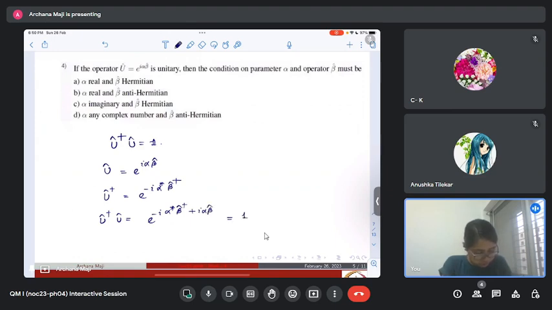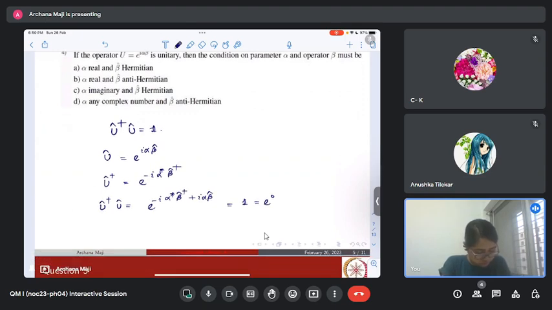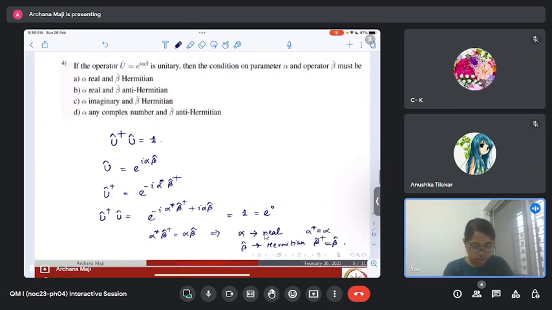Now for this to be identity, it should be equal to exponential of 0. So that implies alpha star beta dagger same as alpha beta cap, or alpha has to be real and beta has to be Hermitian. Alpha star should be alpha and beta cap dagger should be beta cap. Is this clear?